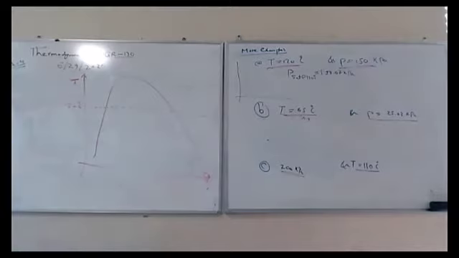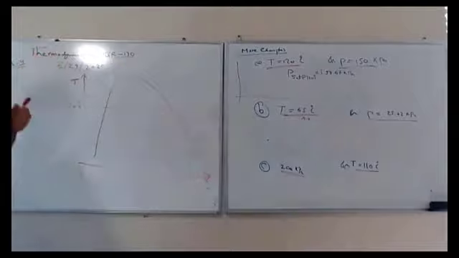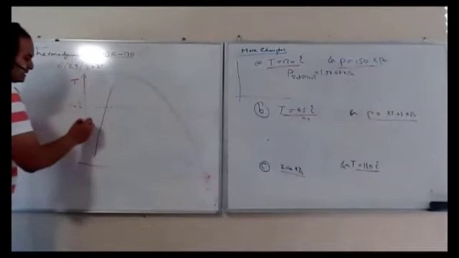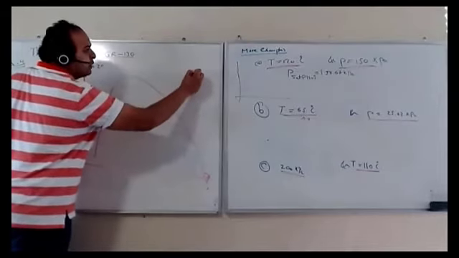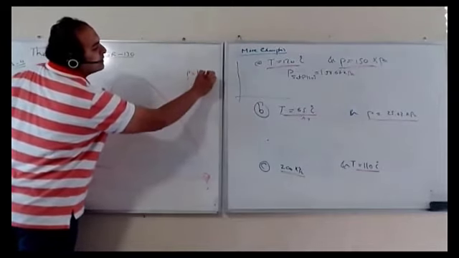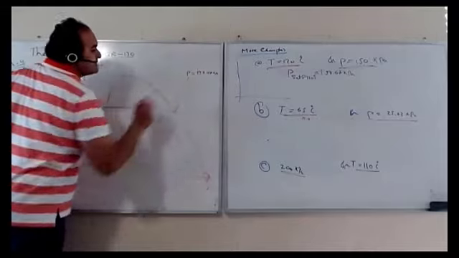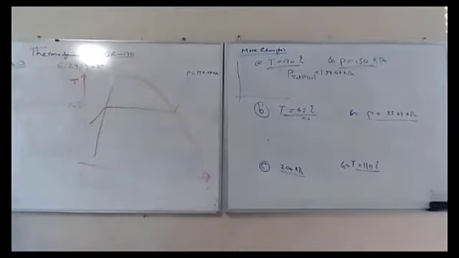At this 120 Celsius, my saturation pressure is almost 200, like something like this. This is P equal 198.67 kilopascal. This is the saturation pressure line.